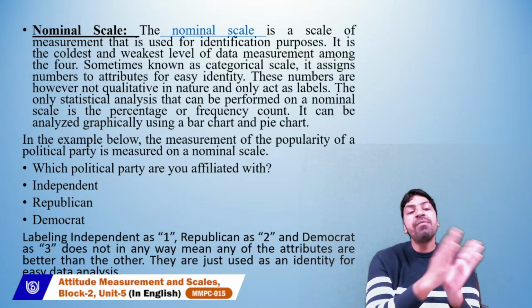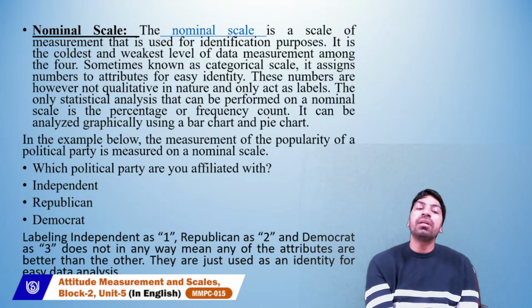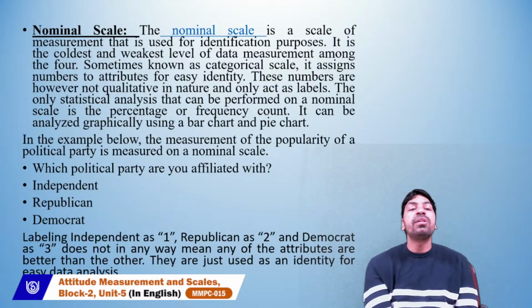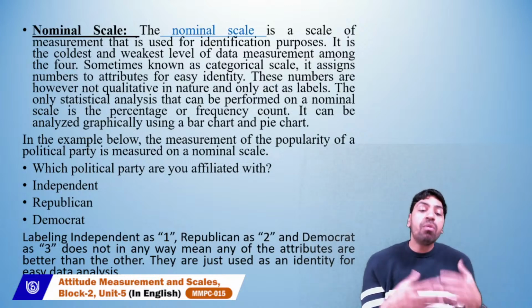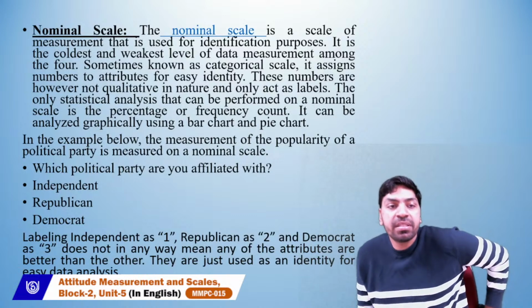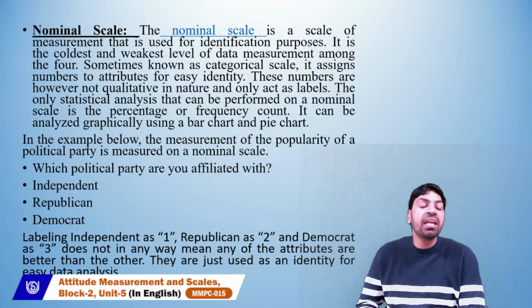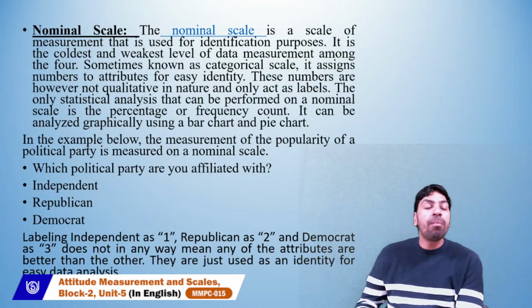So if I label these response sets as independent 1, Republican 2, Democrat 3, it becomes a nominal scale, because I am not portraying any attribute as better than another. They are only used for identification purposes, for easy data analysis, and that is actually called a nominal scale.